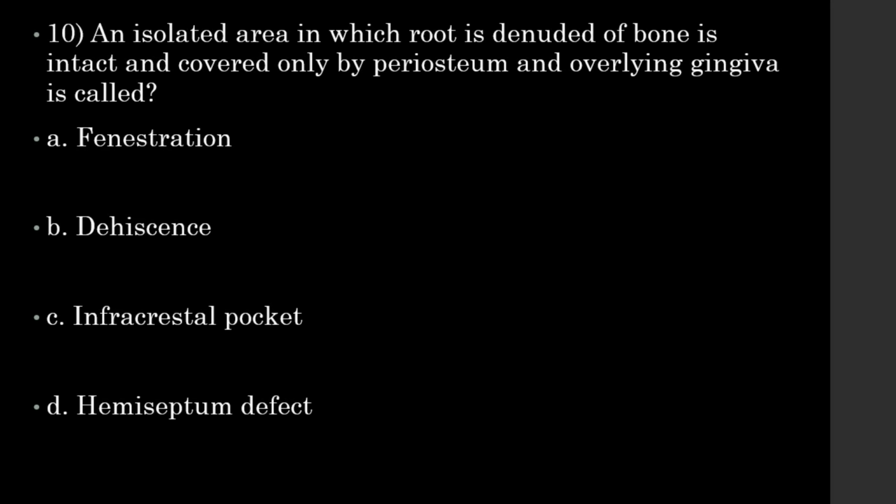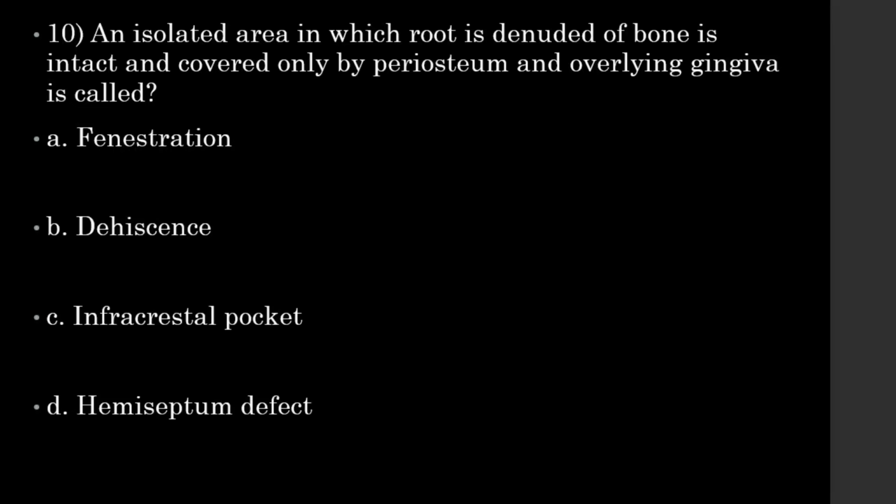An isolated area in which the root is denuded of bone, but is intact and covered only by periosteum and overlying gingiva, is called option A, fenestration, option B, dehiscence, option C, infracrestal pocket, or option D, hemiseptum defect.